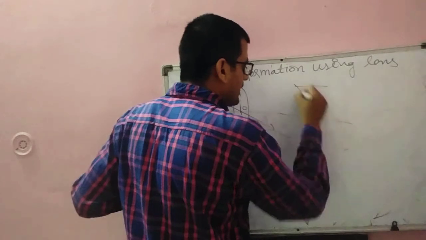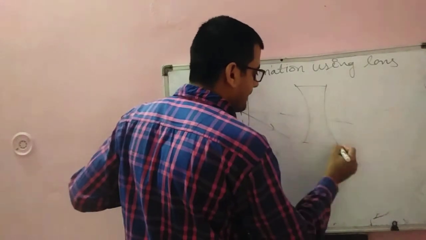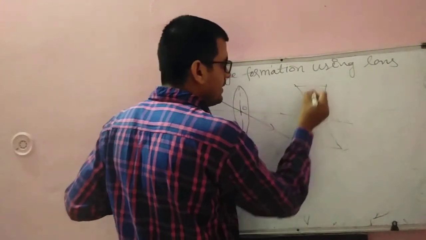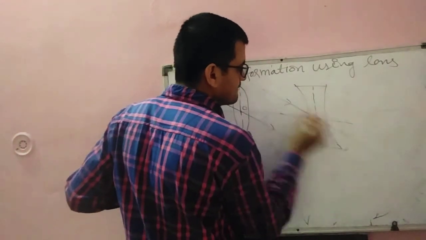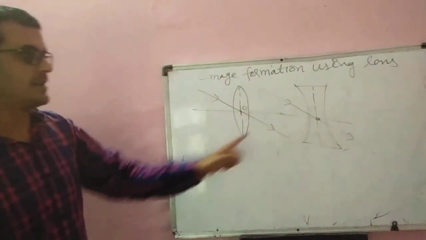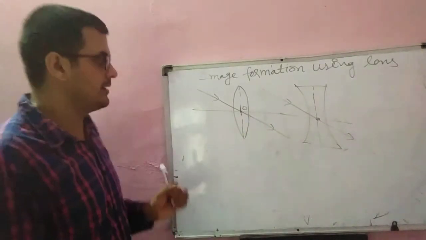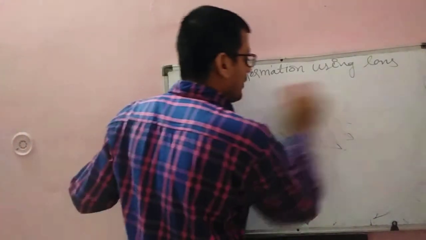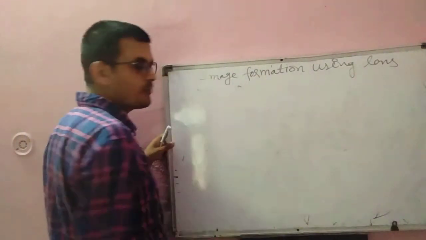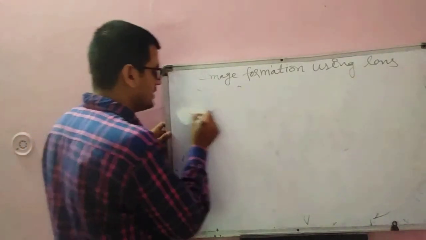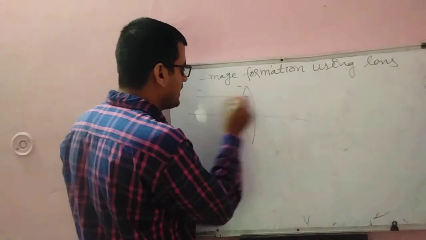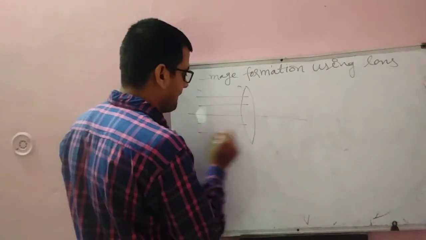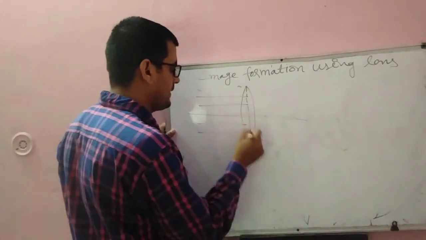And in case of concave, this one, rays of light go undeviated. Second one, when rays of light pass parallel to the principal axis. This one is the principal axis, this one is the convex lens, and rays of light pass parallel to it, like this.